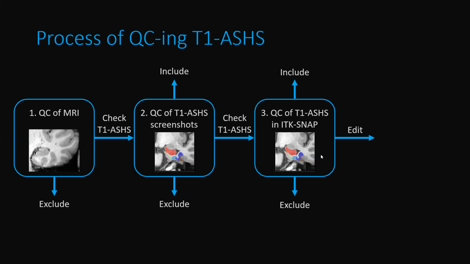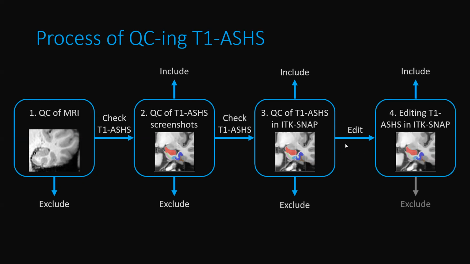Finally, depending on what you want to do, if you establish there's a significant error, you can either include, exclude, or edit the error that you've identified. Generally, I would not exclude, although there are some cases where you find out while editing that it's just too difficult and you have to exclude that case anyway.